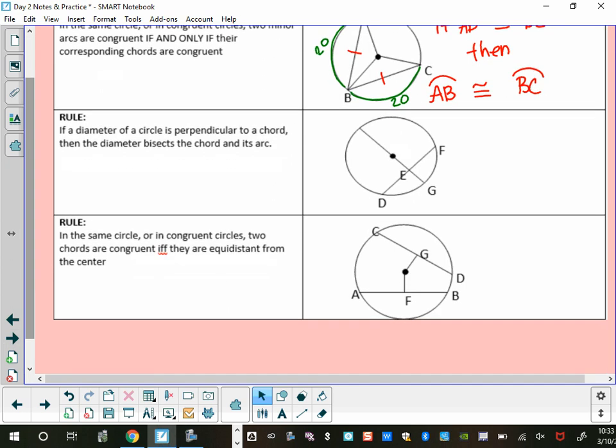All right, your second rule: if a diameter of a circle is perpendicular to a chord, then the diameter bisects the chord and its arc. Perpendicular means that this chord and this diameter will create a right angle. So that means that if that happens, the chord is bisected.